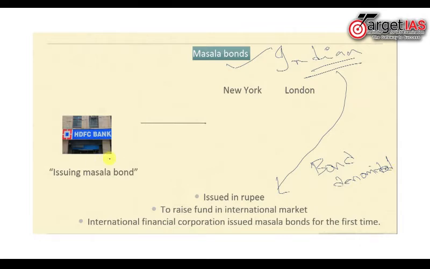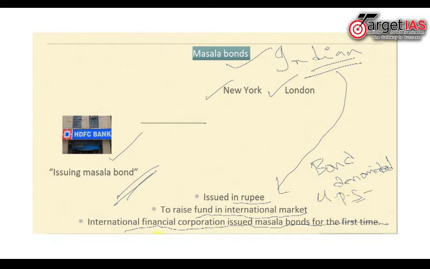So if HDFC wanted to issue bonds, and they were the first one to issue, they placed them in the New York Stock Exchange and the London Stock Exchange, and they raised money. So it is issued in rupee to raise funds in the international market, and International Finance Corporation issued masala bonds for the first time, and this is where UPSC is interested in asking questions.